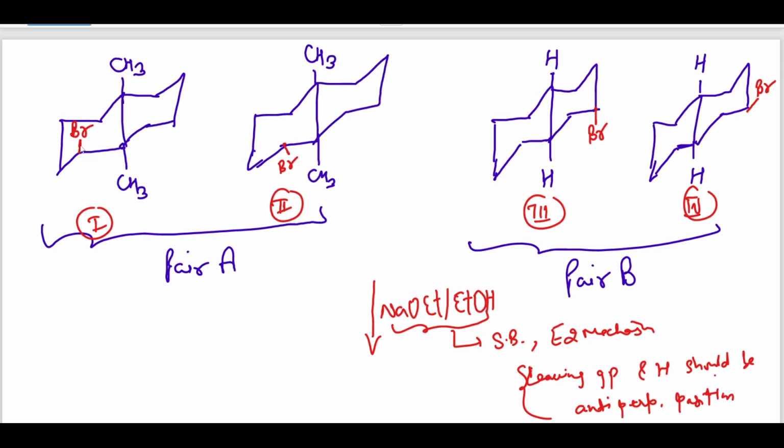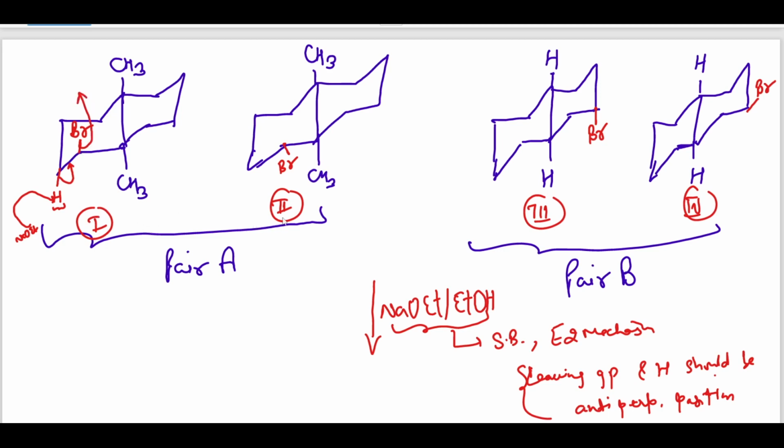So if you can see in this case, this bromine, which is the leaving group, is at axial position, and obviously at this carbon there is one proton which is also at axial position. So sodium ethoxide, your base, will abstract this proton. These electrons will shift here, and from here there will be removal of the bromide anion easily.